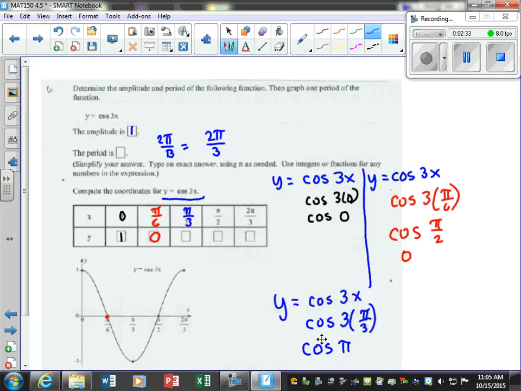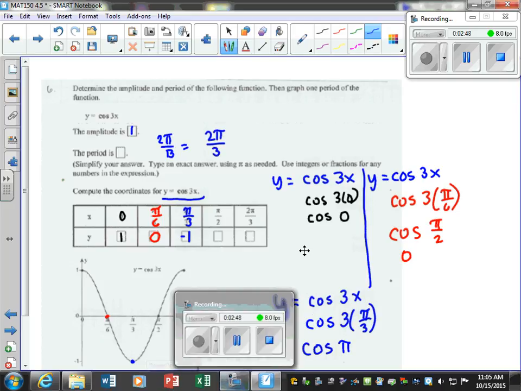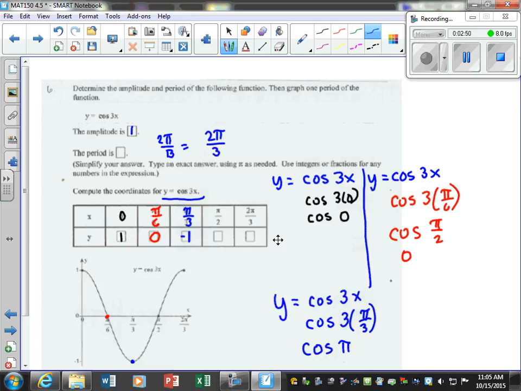Now go to your unit circle and determine what the cosine of pi is. Good, -1. And then let's just verify that on the graph below. When x is pi thirds, the y value is -1. Anyway, you can continue to calculate this out in the same manner, and you would have 0, and then you would get 1 here as well.